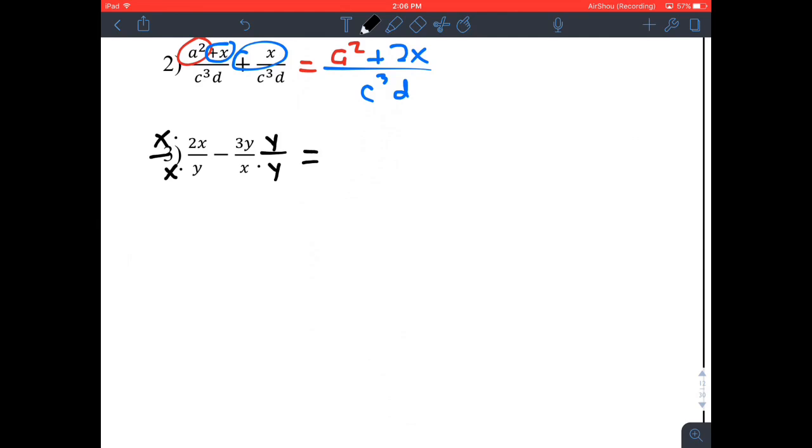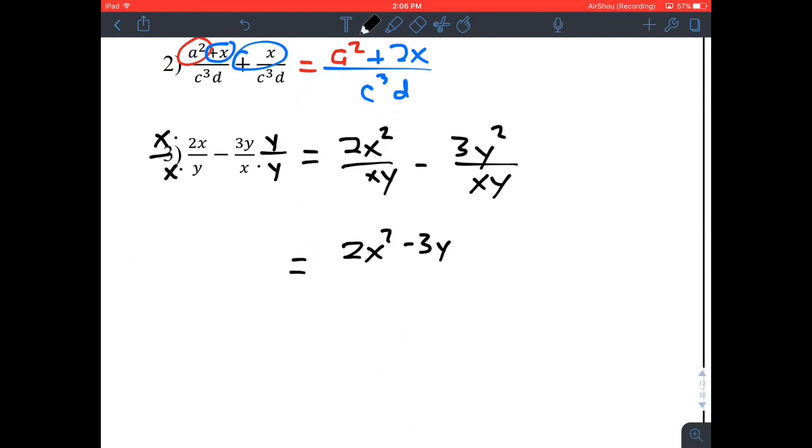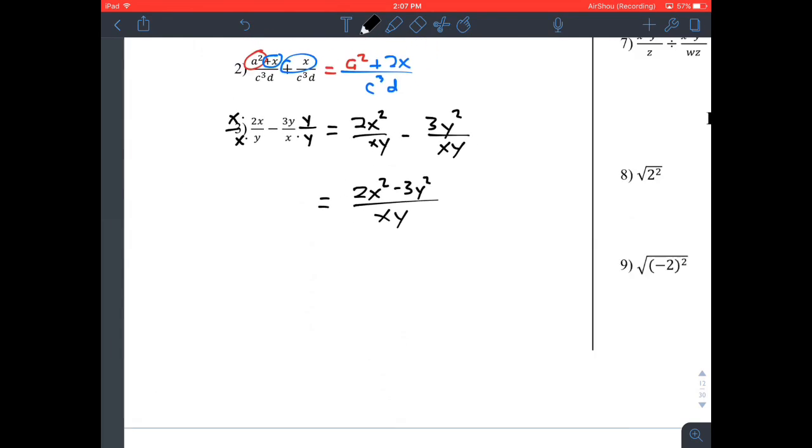So my first fraction is going to become 2x squared over xy. My second fraction is going to be 3y squared over xy. Now that I have common denominators, I'm going to subtract the numerators. If the top would factor, we would factor it. See if we could cancel something from the bottom, but it does not. So we are finished.